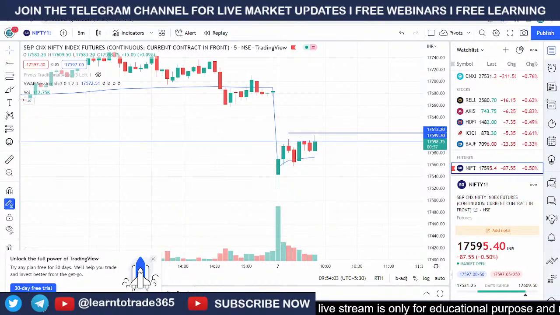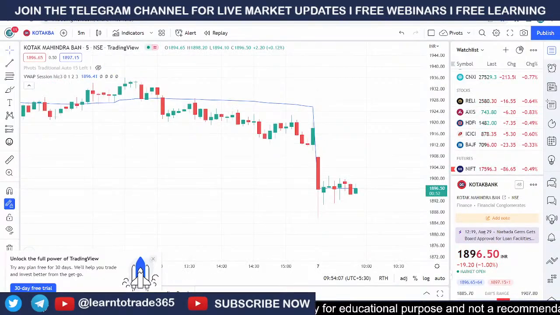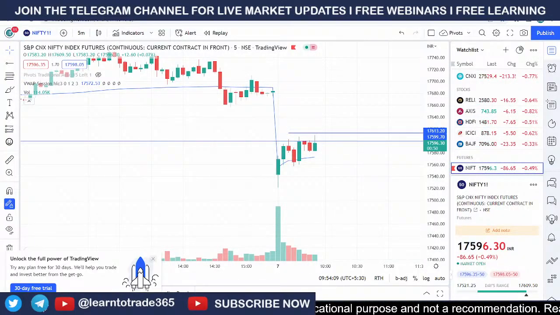Okay, first of all, that's very important sir. Axis and Kotak Bank, these two banks have to support कहीं ना कहीं, because if you are looking broadly at IT stocks, IT stocks VWAP के ऊपर खड़े हैं, just staying above VWAP.